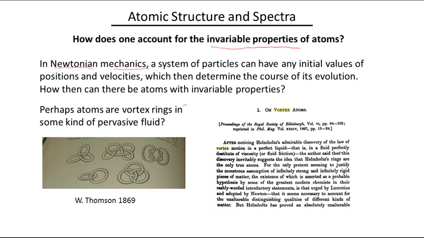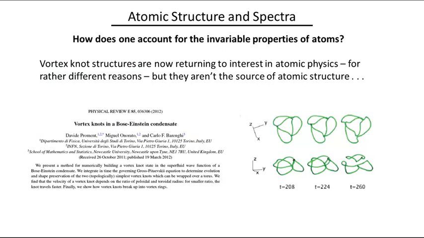So in atomic theory at the end of the 19th century, there are many clever ideas deriving from things like vortices and fluids, where there was some type of regular structure that could be inferred, but none of these bore any fruit in terms of explaining the specific properties of atomic spectra.